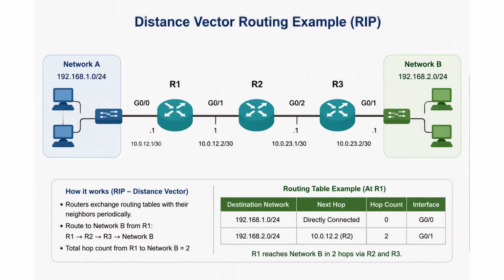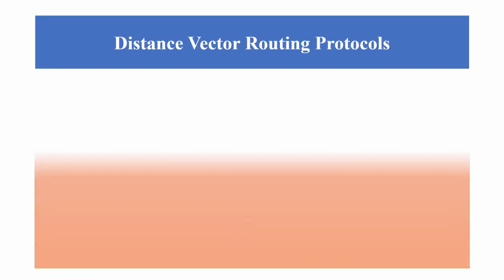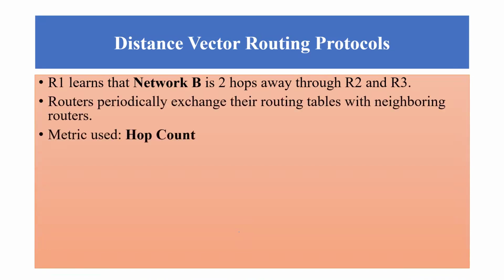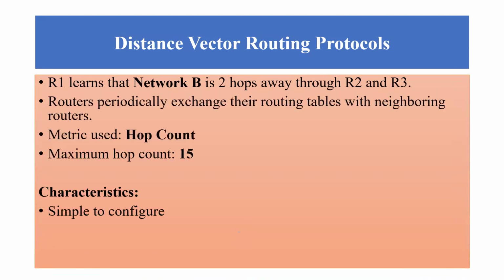So if you hear the word hop point, then we are referring to the intermediary devices or intermediary routers. You can use the command called traceroute to determine this. If you are using a computer, you use tracert, but on the router, you use traceroute. Okay.